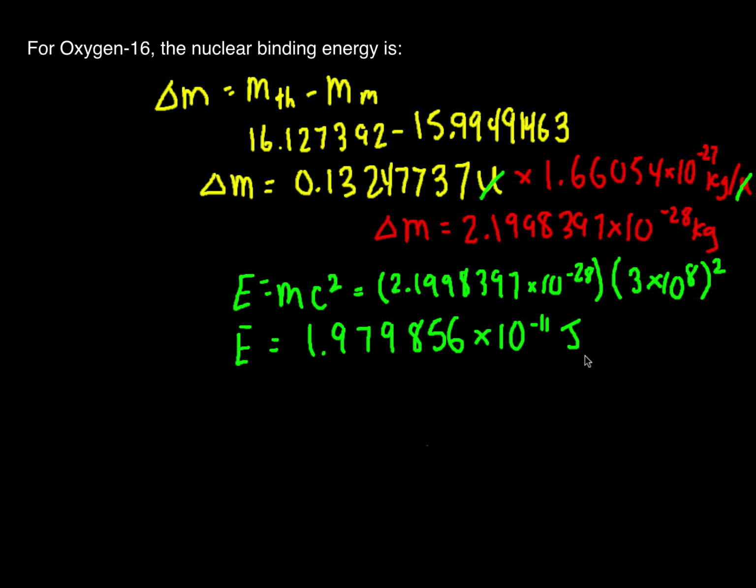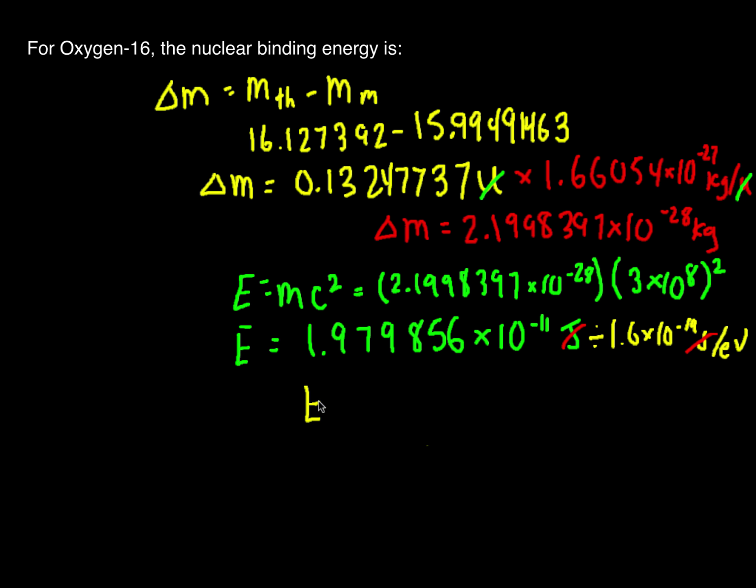Scientists won't often leave their energy in this small amount of joules. They want to convert it into electron volts. To convert into an electron volt, we divide by 1.6 times 10 to the negative 19 joules per electron volt. When you do this, joules cancels out, and we're left with electron volts.